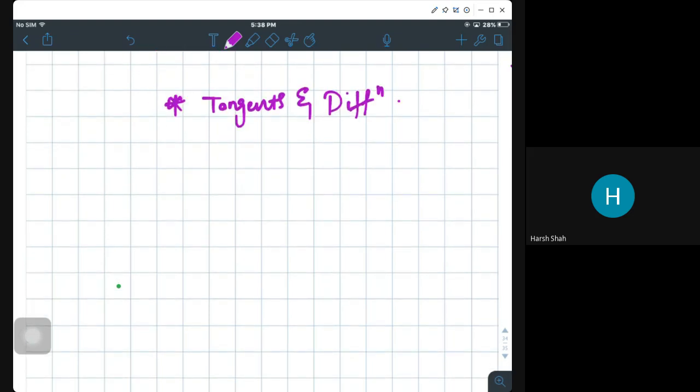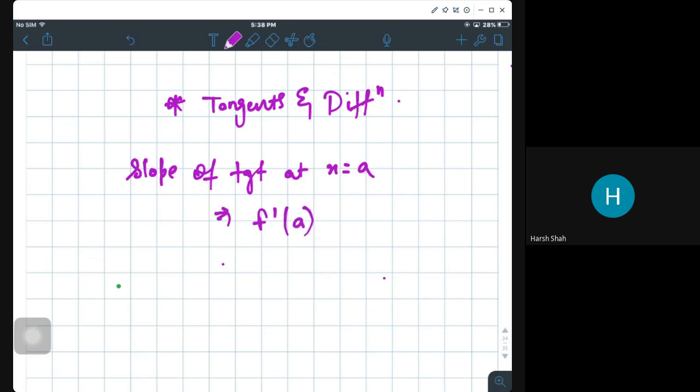If you want to find the equation of the tangent, or the slope of the tangent at x equal to a, this is given by f dash of a.